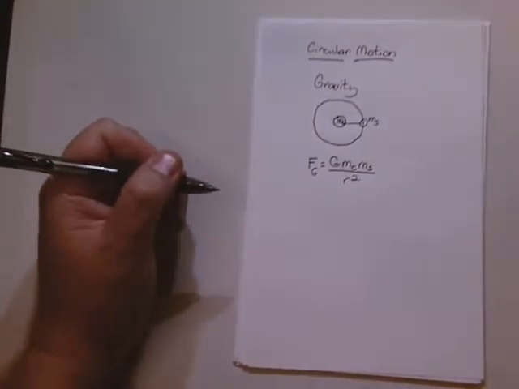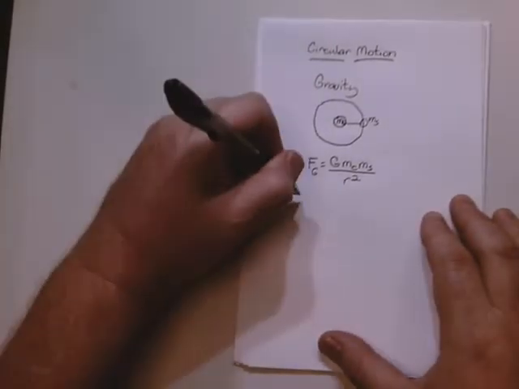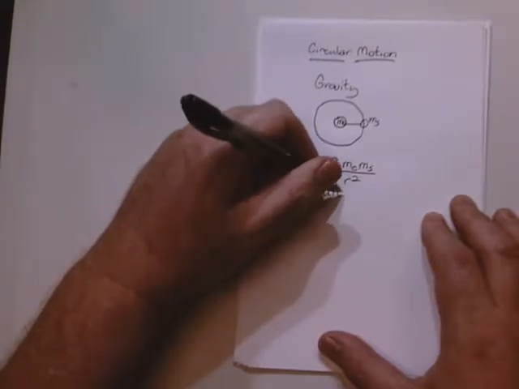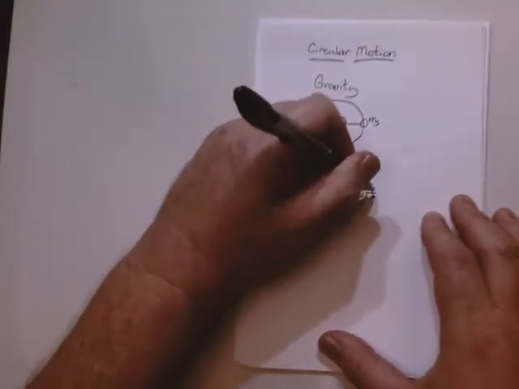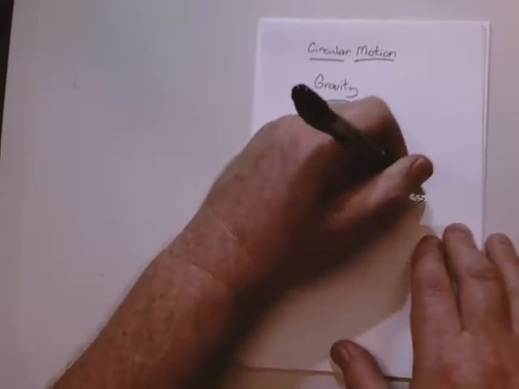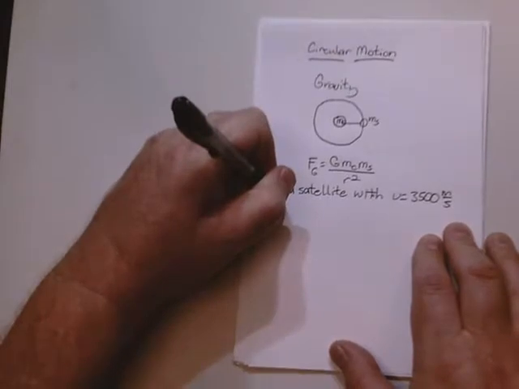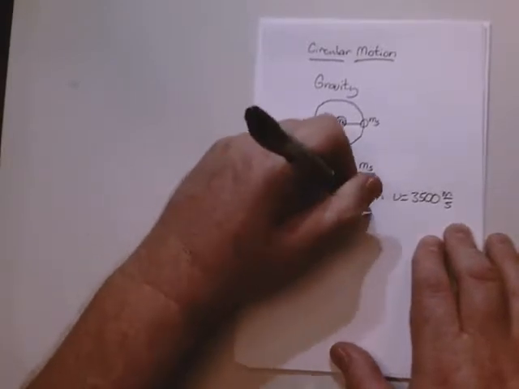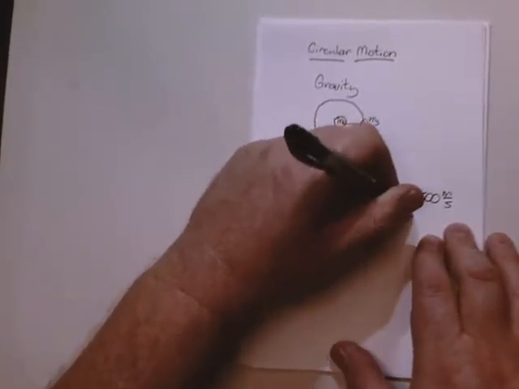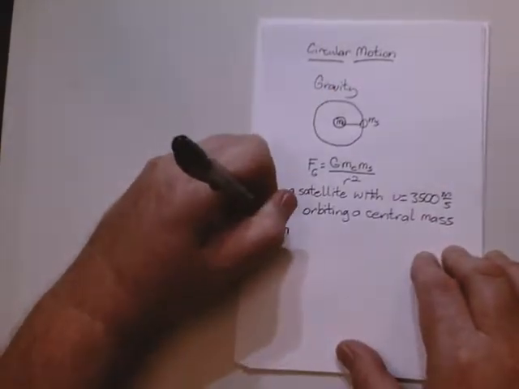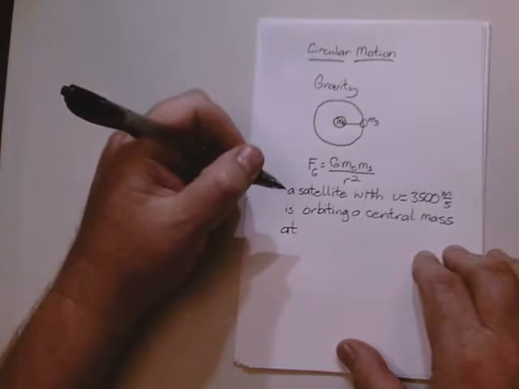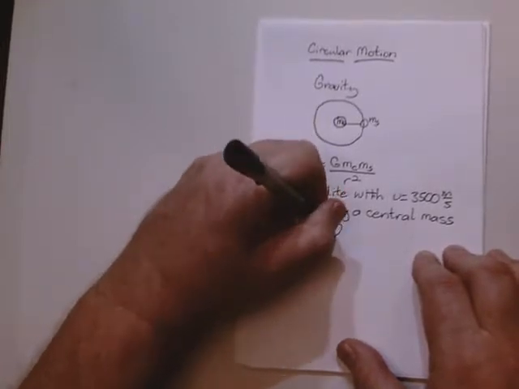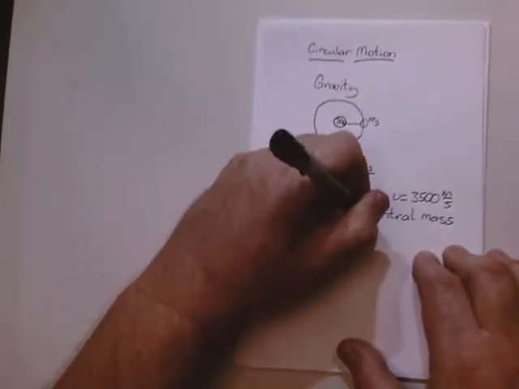So in this particular case, we're going to say that a satellite with a velocity of 3,500 meters per second is orbiting a central mass at a radius of 2 million kilometers.